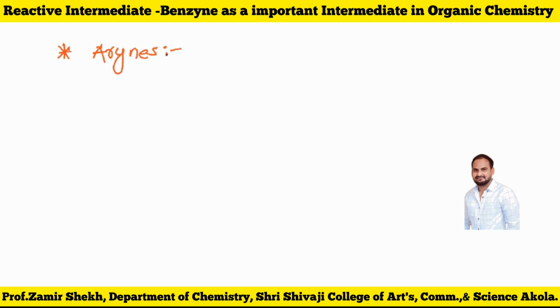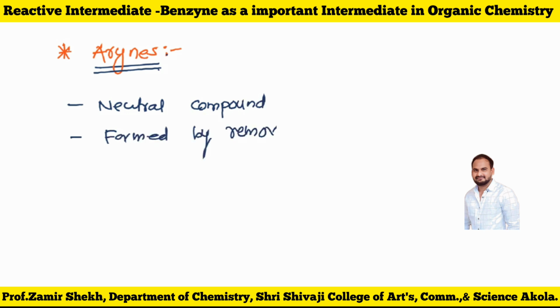Arene is an aromatic molecule just like benzene, and arynes are nothing but the alkynes of arenes. Now benzyne, one can say, is a neutral molecule, no charge on benzyne, formed by removal of two ortho substituents from an aromatic system.